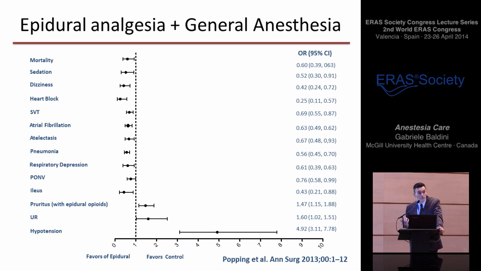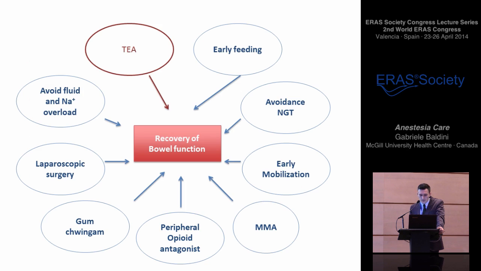So it seems that for epidural there is an effect on morbidity and mortality. But let's put our epidural technique in the context of an enhanced recovery program to improve outcomes. Let's take an example, recovery of bowel function.